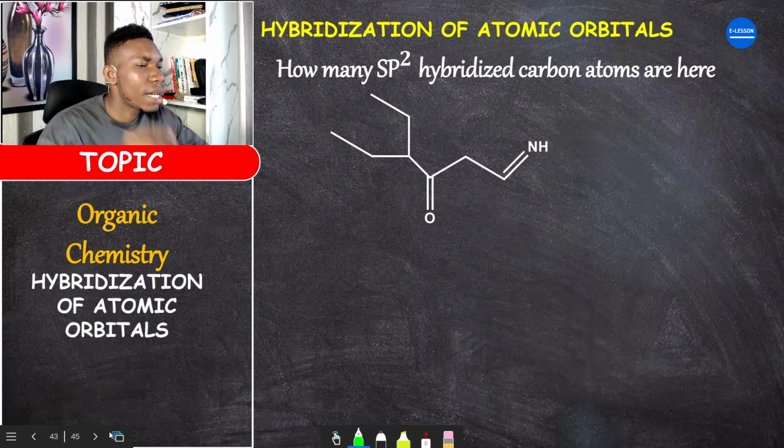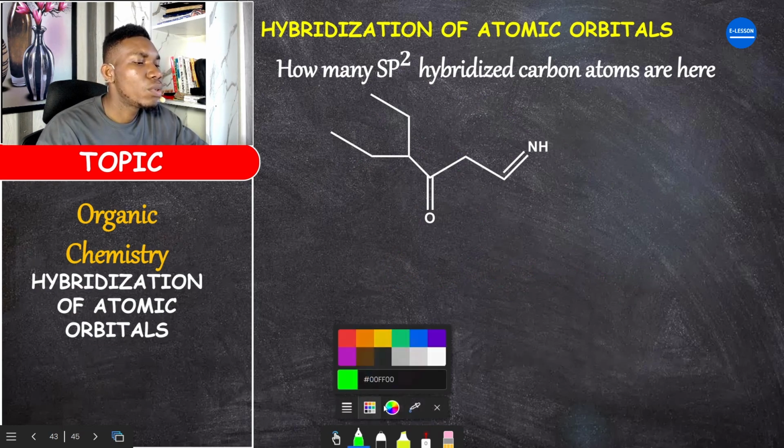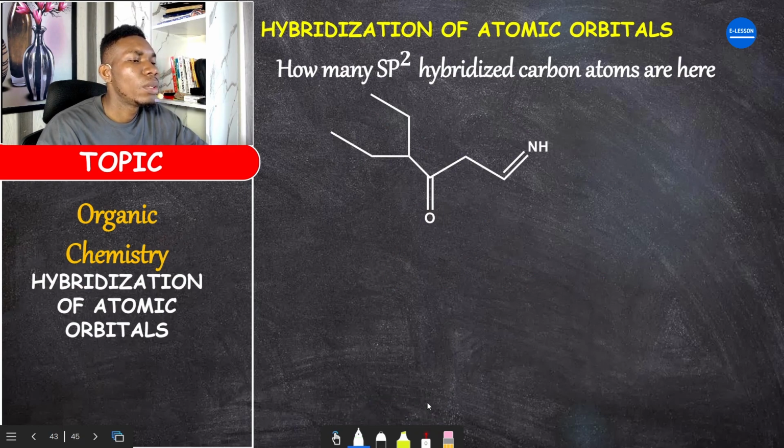This will say how many sp2. Now, whenever we talk about sp2, the first thing your mind should go to is wherever we have a double bond, because we said sp2 usually forms 1 pi bond and 3 sigma bonds. So look at this carbon here. It's a potential sp2. This carbon here is another potential sp2. Now let us count. This is a sigma bond because it's a single bond. This is a sigma bond because it's a single bond.